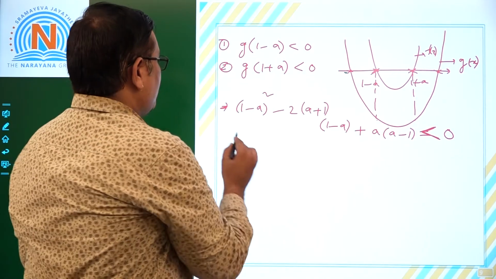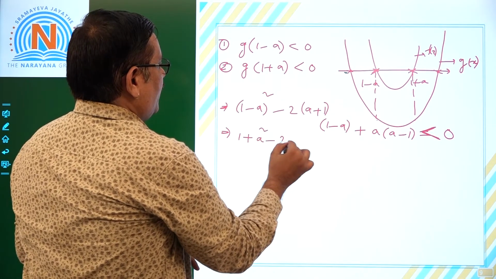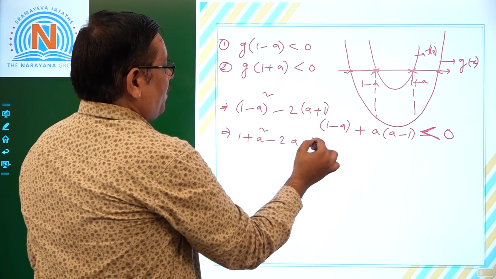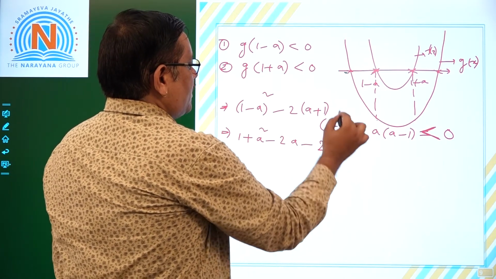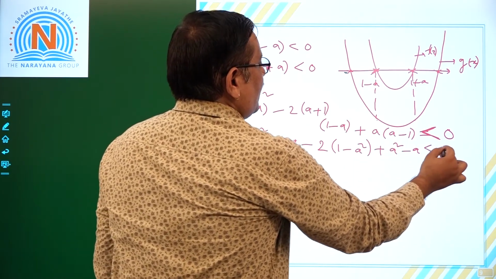Based on this condition, if you simplify that, we are going to have 1 minus a whole square minus 2 times of a plus 1 times of 1 minus a plus a square minus a less than 0.